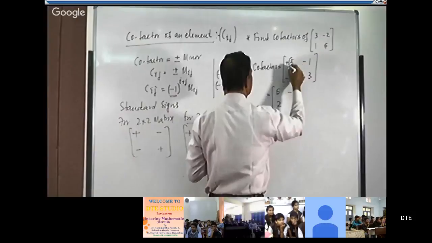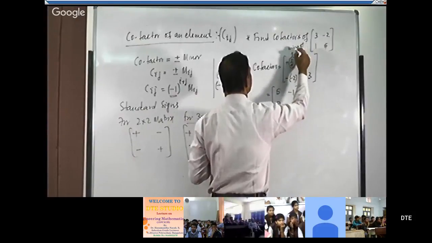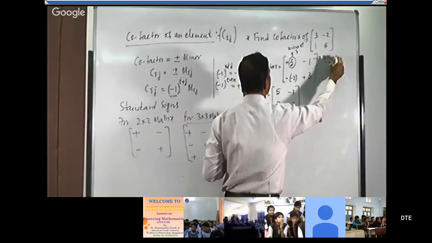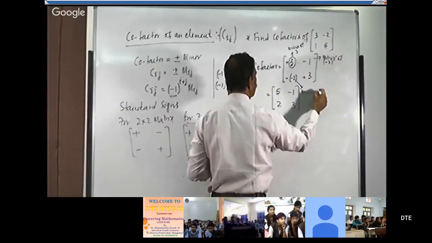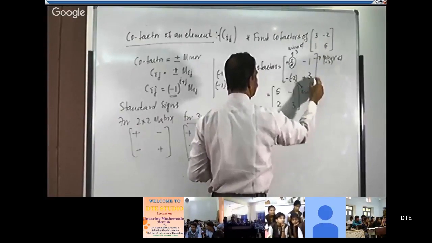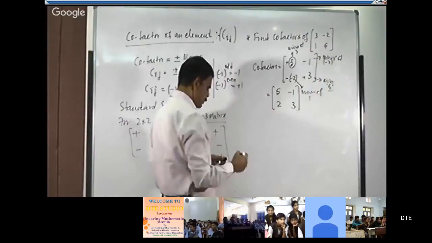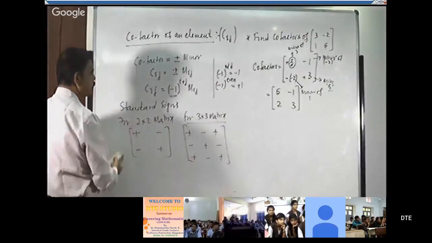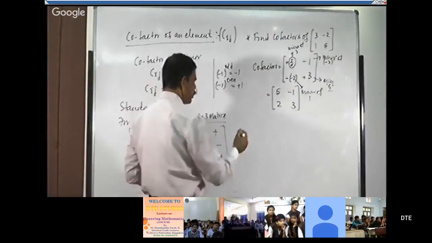This is the minor of 3, this is the minor of minus 2, this is the minor of 1, and this is the minor of 5. In the same way, we can also write the minors for all the elements of a 3 cross 3 matrix.